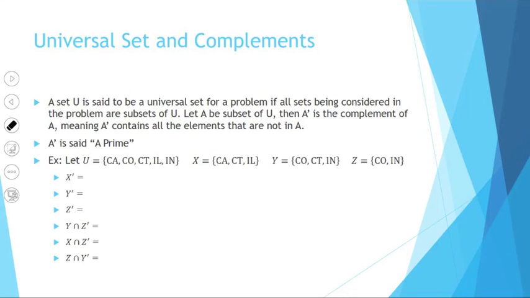Now we'll get to the universal set and complements. So a set U is said to be a universal set if all the sets being considered are subsets of U. So for example, let's call everybody in my classroom the set U. So I'm talking everybody in the classroom is one set.